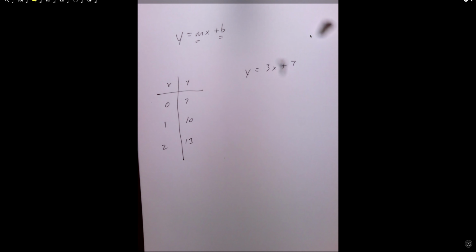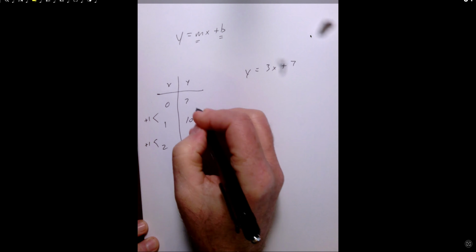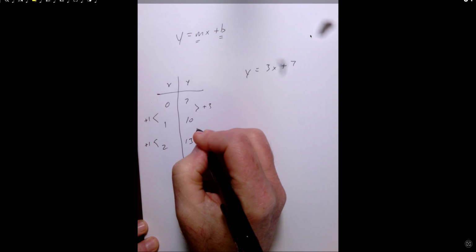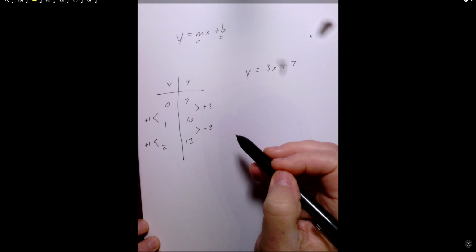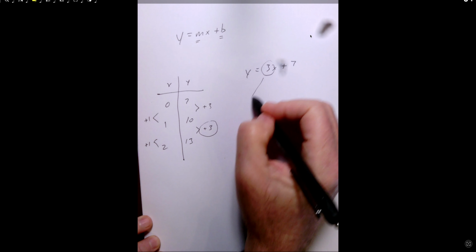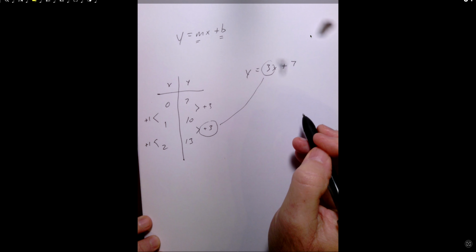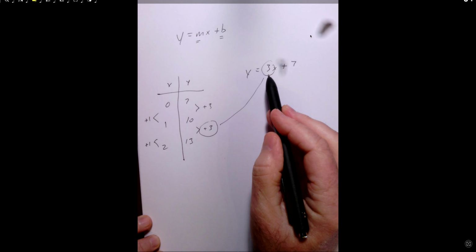Then, in trying to motivate the idea of what a slope means and what an intercept means, I say, okay, let's look at this over here. Every time we increase x 1 unit, we typically increase our y 3 units, don't we? Do you think it's by accident that these two numbers turn out to be the same number? No, it's not by accident, because it is precisely the definition of the slope.